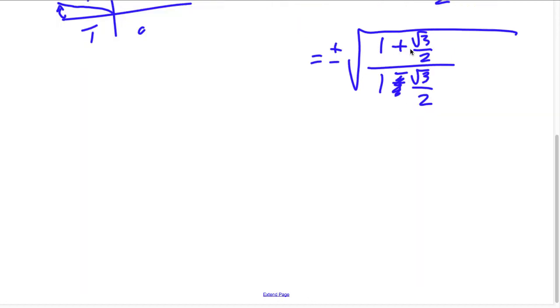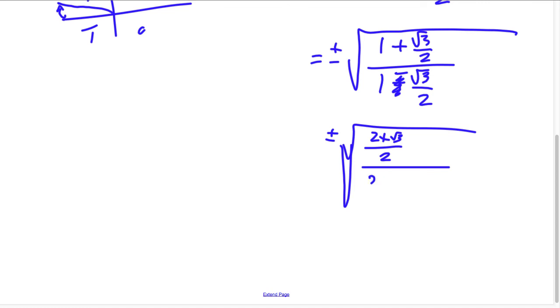Okay, so then in simplifying, on the top there, if I get a common denominator, it would be 2. So I'd have 2 plus root 3 over 2. Whoops. And then on the bottom, same thing, it'd be 2 minus root 3 over 2.